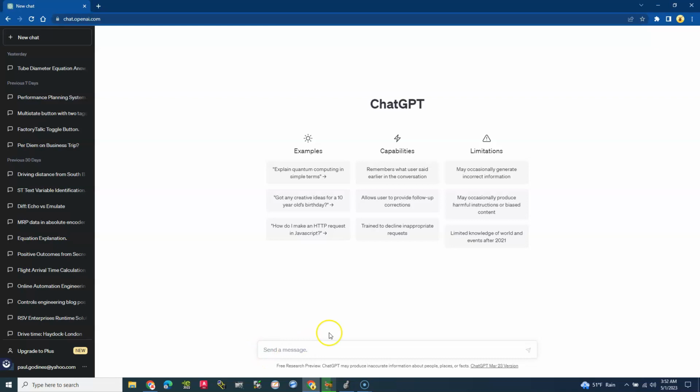So right here in this section, we're going to go ahead and paste our expression. We're going to go back to the beginning, and we're going to ask, could you solve and explain in detail this expression?